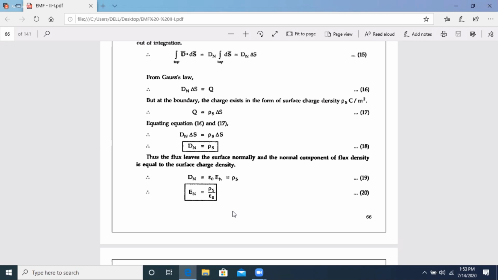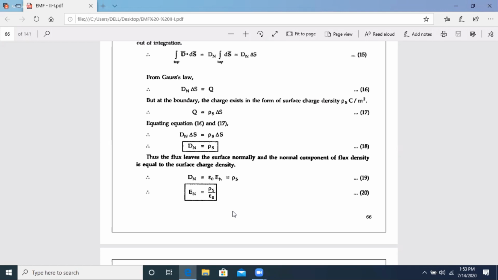Do this for me. The boundary between two media lies in the XY plane.